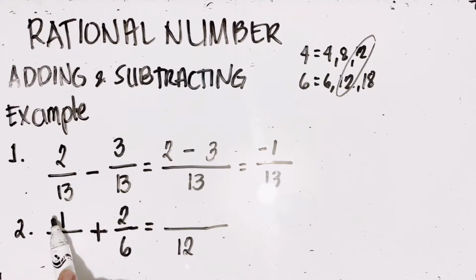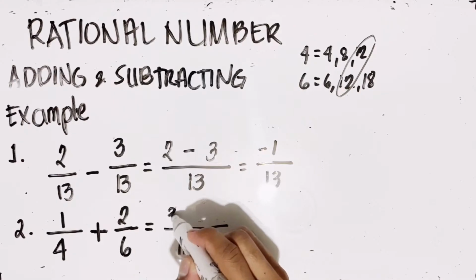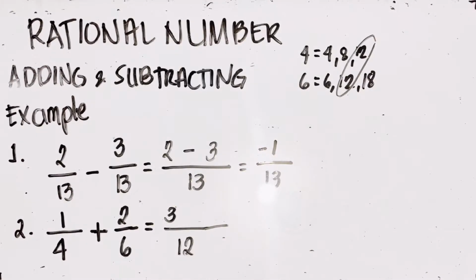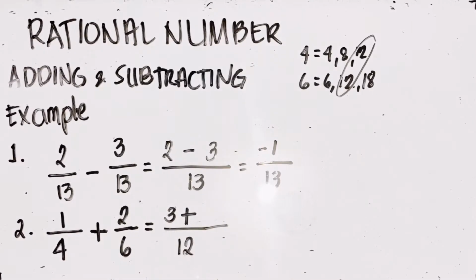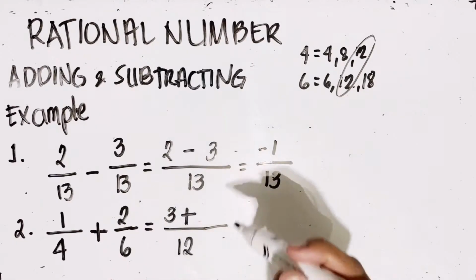So 3 times 1 is 3. Next, copy the operation, addition. Next, 12 divided by 6 is 2. The quotient will be multiplied to the numerator. So 2 times 2 is 4.